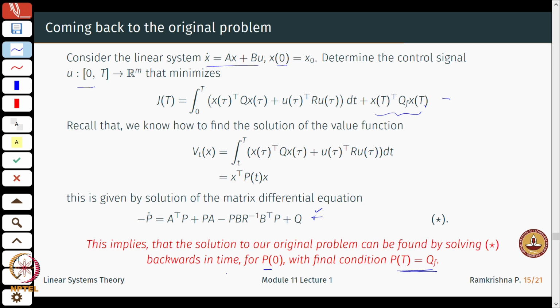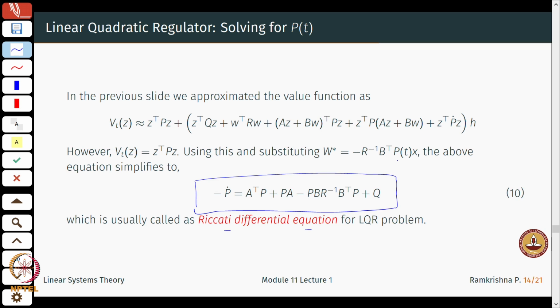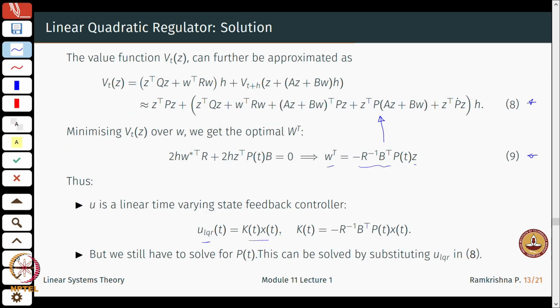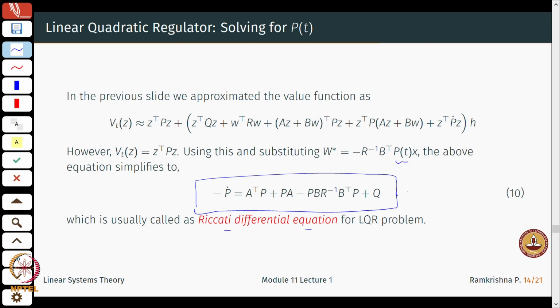Once I know this, it becomes a little easier. I can just substitute for that P over here. Now, this u of t, which is time varying, will be K of t times x(t), and so on. So, to get this value of K which depends on time, I need to solve for this unknown P via this Riccati or matrix differential equation.